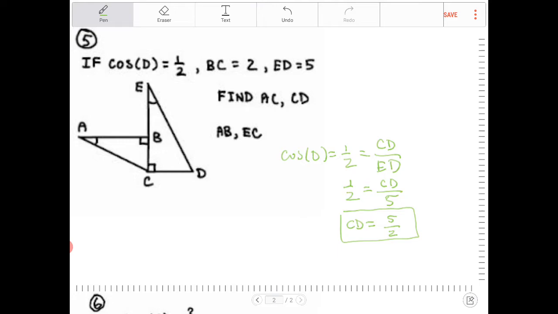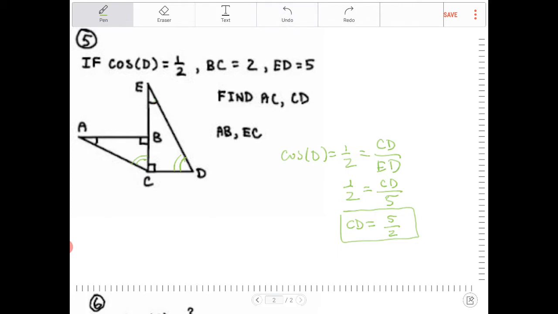Okay, and since I know that angle D must be congruent to angle ACB, because I have angle E congruent to angle A, the leftover angle must be congruent to the other leftover angle.